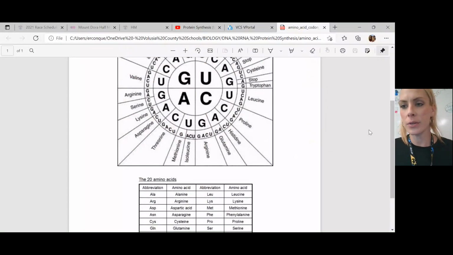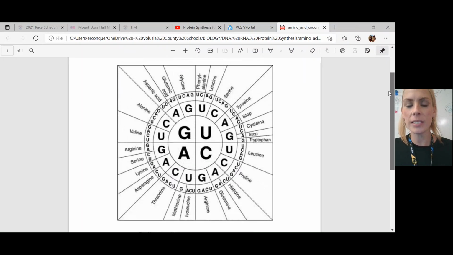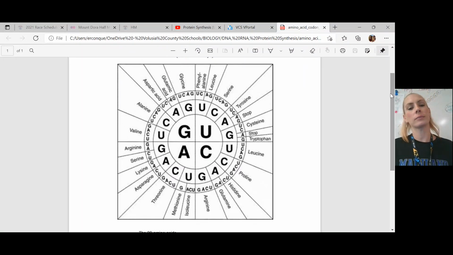All right, so here you can see it looks like a crazy chart, kind of like a sun. And this is going to be how we decode the name of our amino acids. All right, so on the whiteboard that I was just sharing with you, I'm going to go back to it.